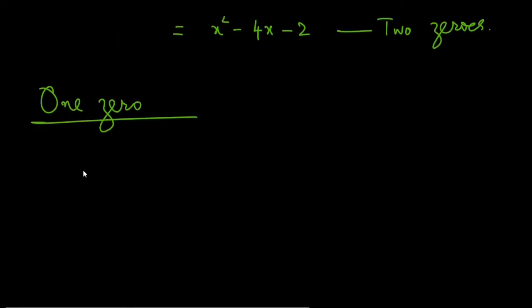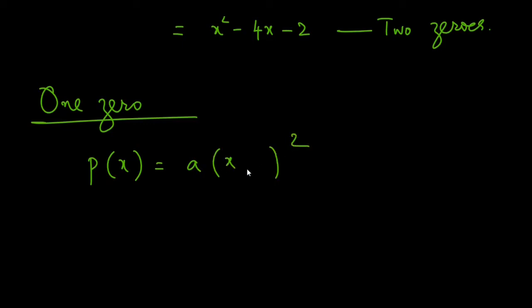Our polynomial should be in this form, a complete square. P of x is equal to some a into a complete square. Let us say P of x is equal to 2x square. This has only one zero.